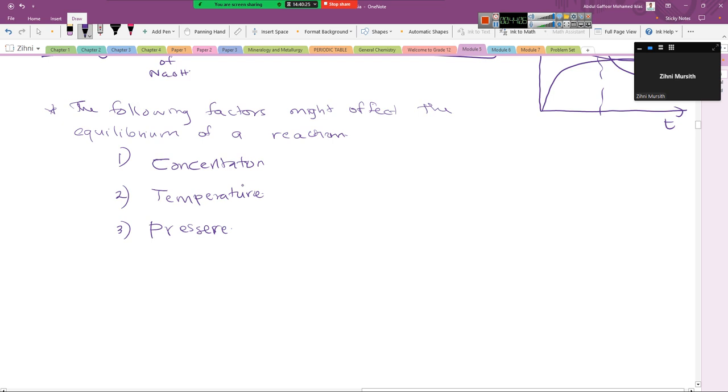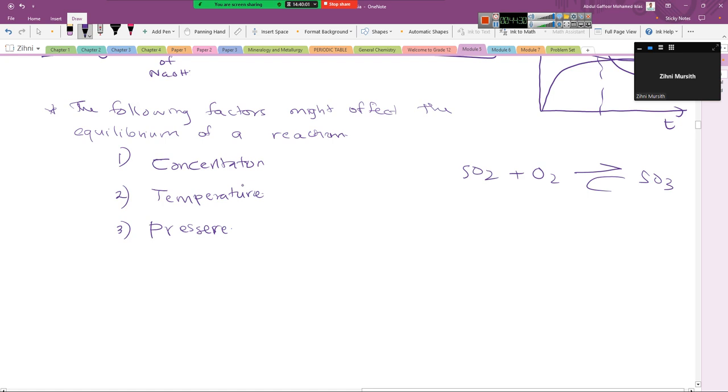Now for example, let's say we have an equilibrium reaction. Have you studied the contact process of sulfuric acid production? No. Sulfuric acid can be produced using the contact method. The second step of this process is SO2 plus O2 becomes SO3, right?